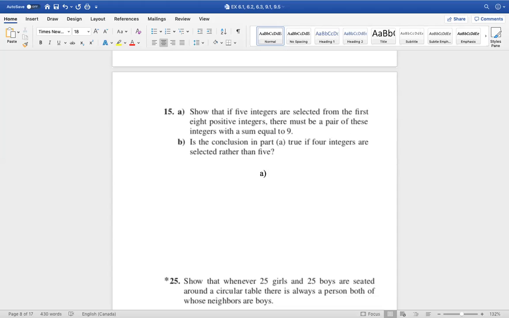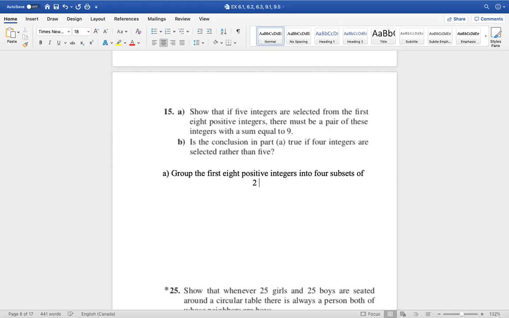So we group the first 8 positive integers into 4 subsets of 2 integers each, so that the integers of each subset add up to 9.